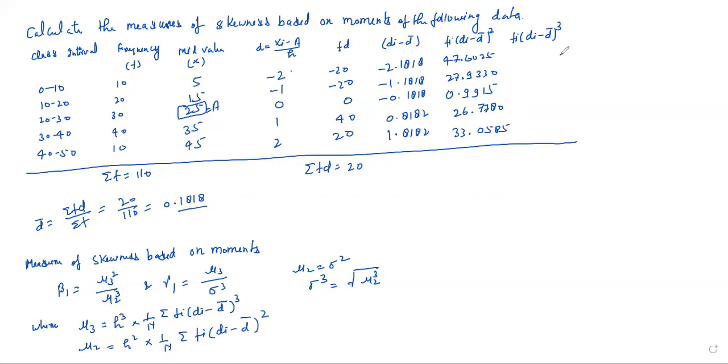33.0585. Then take the cube of di minus d bar and multiply it by f.